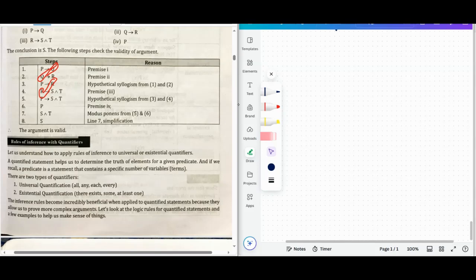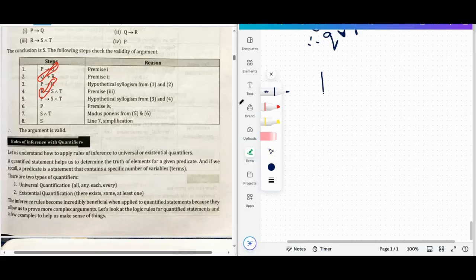Then we will take the next one as P. That is premise 4. Then we have P implies R. Therefore, we have P and P implies Q, and P will give you Q. Which law is it?